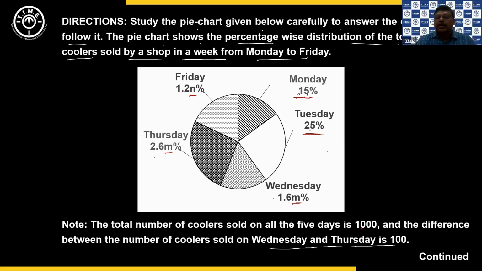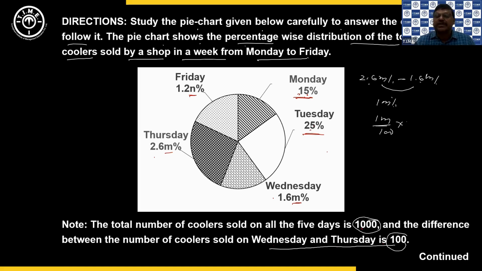Students, simple. You see the difference between Wednesday and Thursday is 100. What is the total? We have 1000. Thursday is 2.6 M%, and here 1.6 M%, so the difference is 2.6 minus 1.6, 1 M percentage. 1 M percentage means 1 M by 100 of the total.